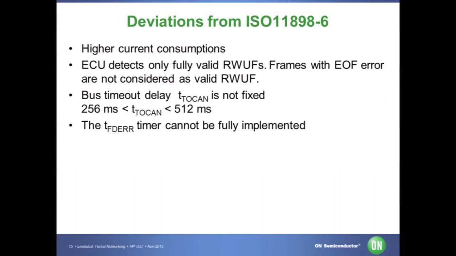Partial networking requires this function: when there was an error frame, there should come at least one non-error frame within this timeout, and that's what we could not implement.